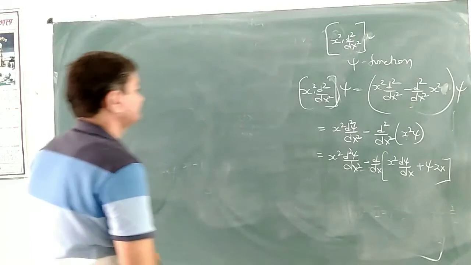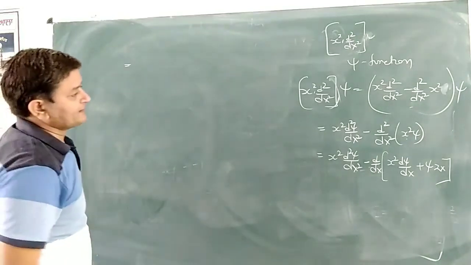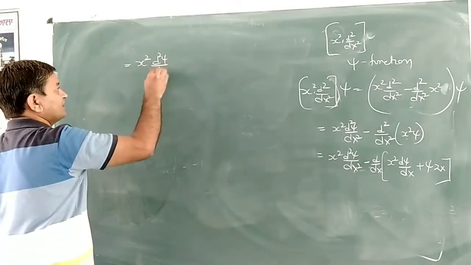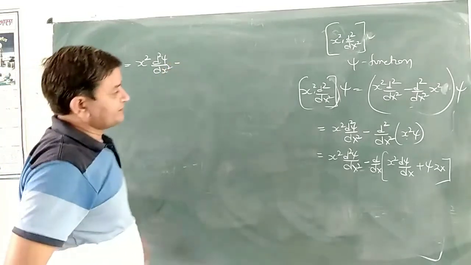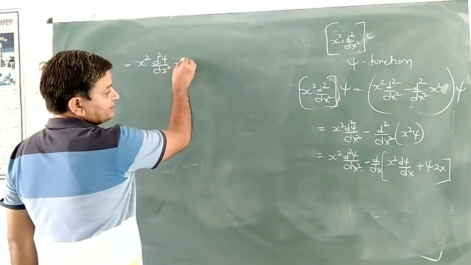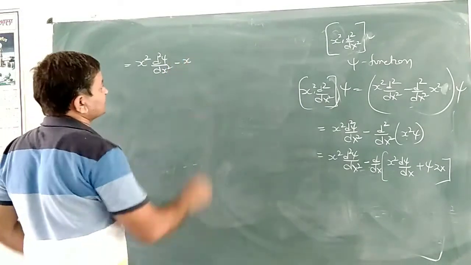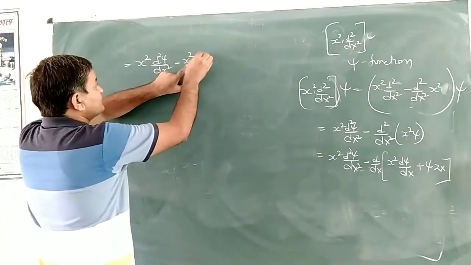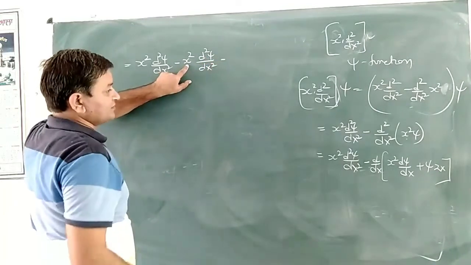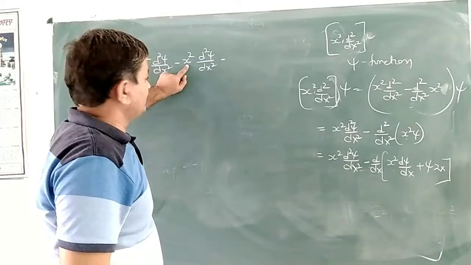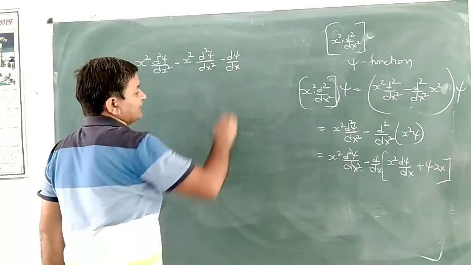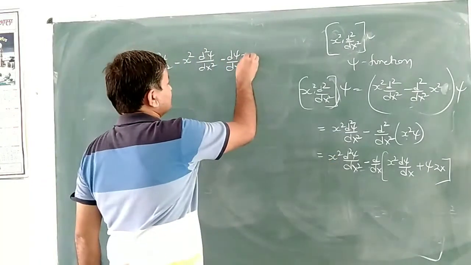Now after this, how to solve it: that is here x squared d squared and dx squared, minus is here. So now this is also two functions and this is also two functions. So let's see, here is the minus sign. The first function is as such, x squared, and differentiation of psi is d psi and dx squared, and with the minus sign here it will be d psi divided by dx and differentiation of x squared is 2x.